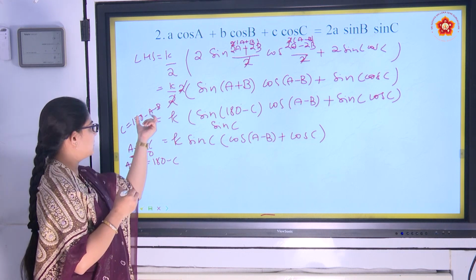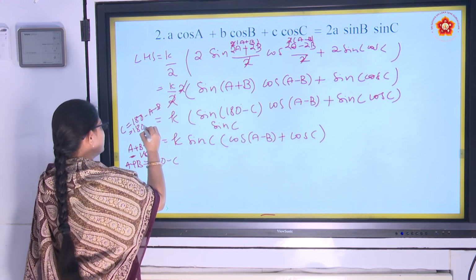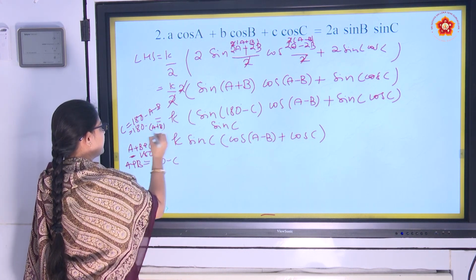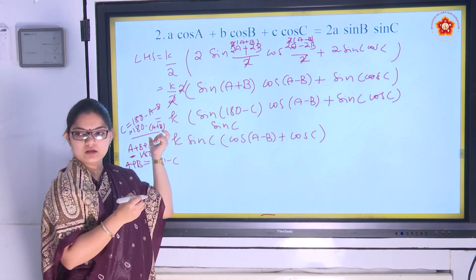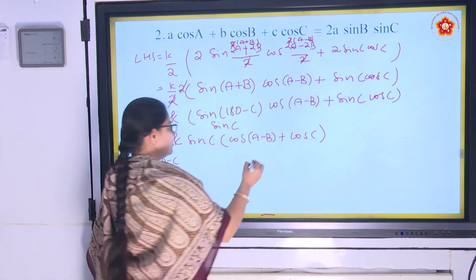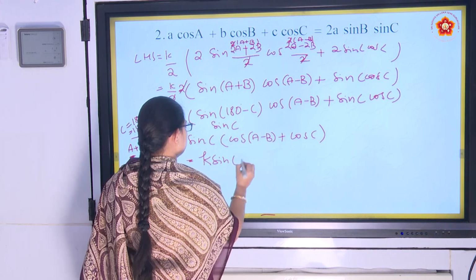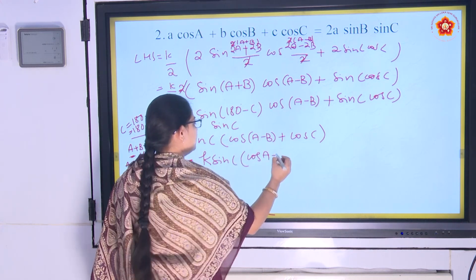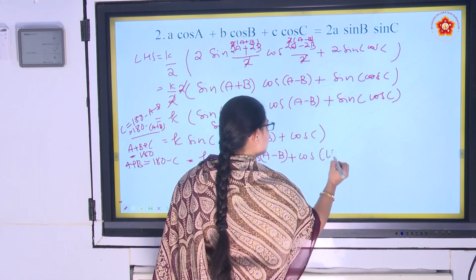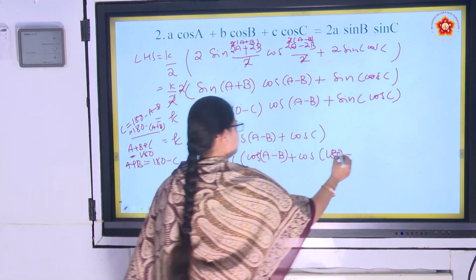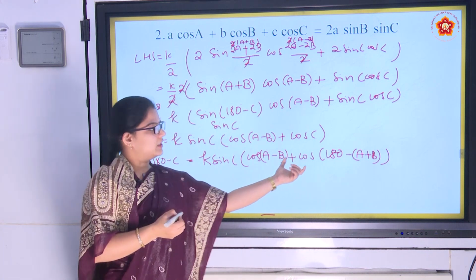So C is equal to 180 minus A minus B, or I can rewrite that as 180 minus, I can take it out, so 180 minus A plus B. So I can write in place of C as 180 minus A plus B. So we can write that as K into sin C into cos A minus B plus cos C. C I am writing it as 180 minus A plus B. Right? 180 minus A plus B.